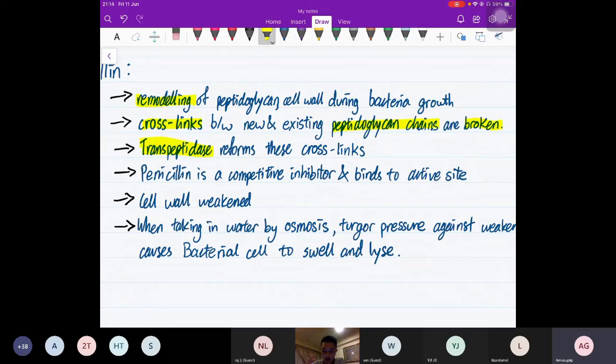It is complementary to your peptidoglycan chains, or portions of them, so that they can reform the cross links. But it is also complementary to penicillin. So penicillin is a competitive inhibitor. If competitive inhibitor sounds foreign to you, recap your enzymes topic. It binds to your active site.